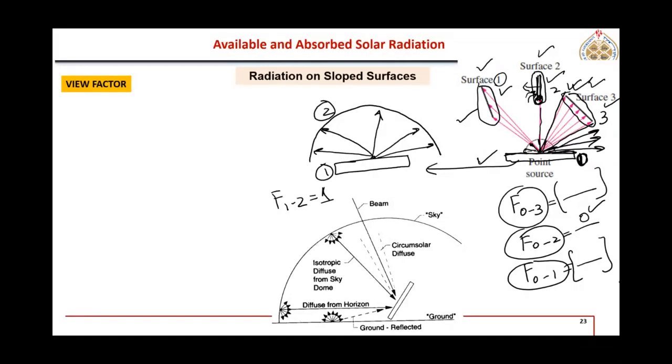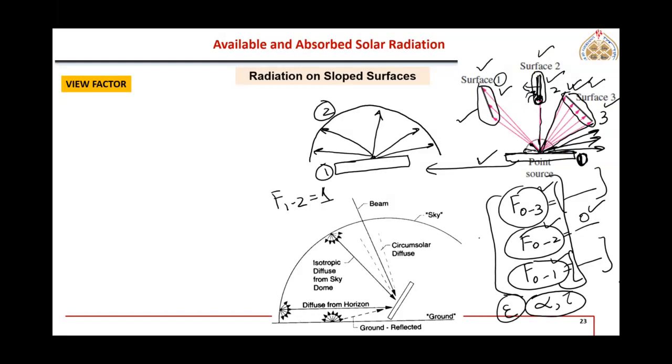And it does not depend upon the temperature of the surface, 0 or 3, or 0 or 2, or the properties of the surface, alpha, transmittance, absorptance, or emittance. It is purely a geometric term representing the orientation of the surfaces with respect to each other.